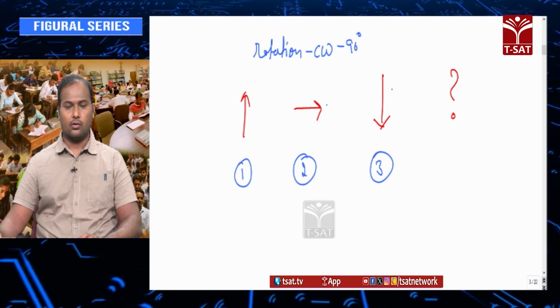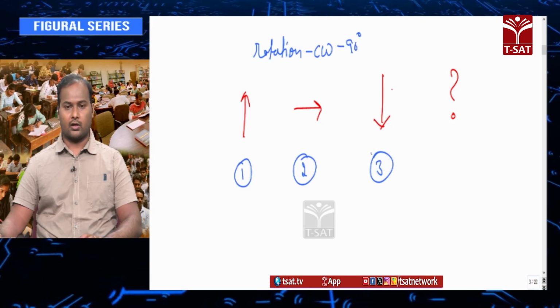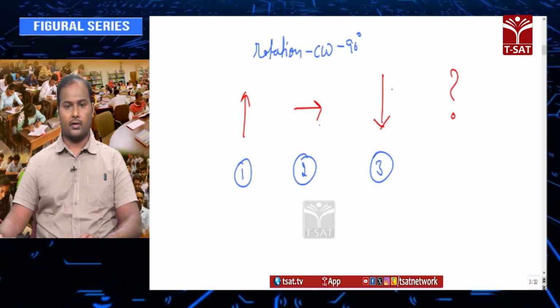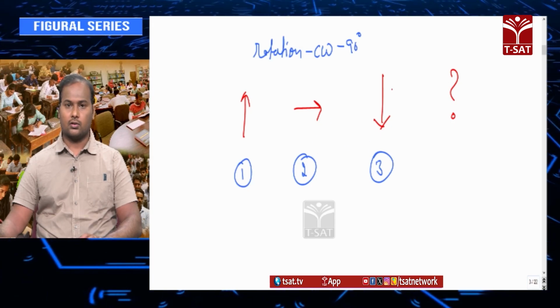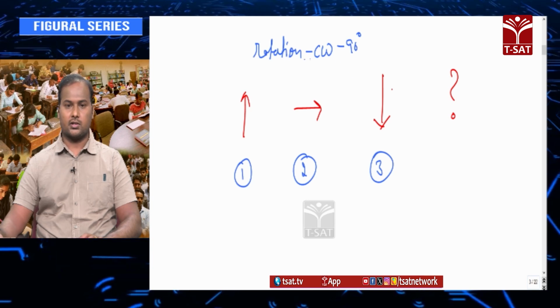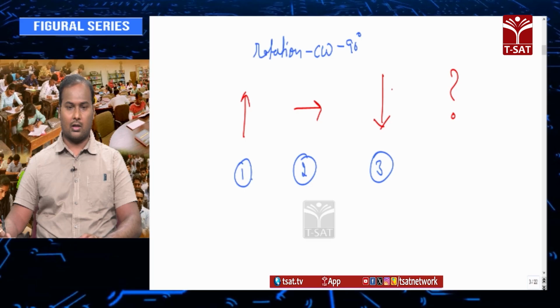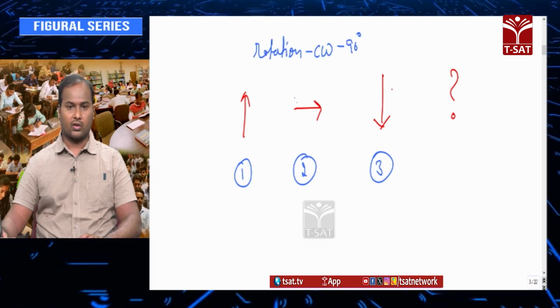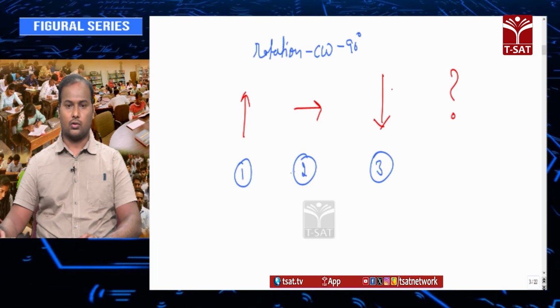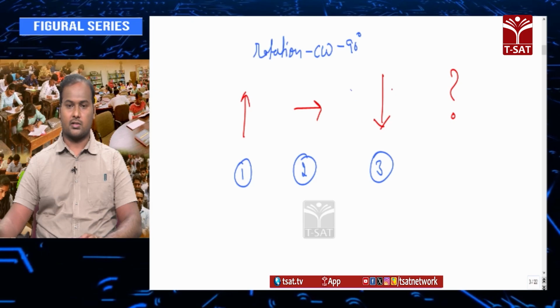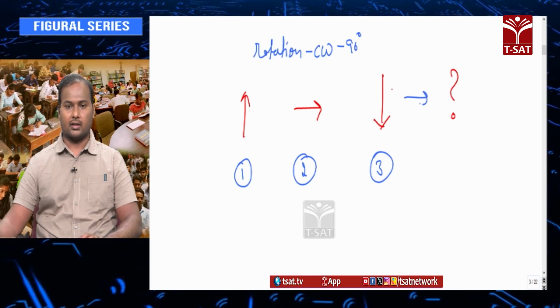In the same way, now you observe the change from figure 2 to figure 3. Here also the change is the same, rotation clockwise 90 degrees. So 1 to 2 is rotation clockwise 90 degrees, and 2 to 3 is rotation clockwise 90 degrees. Now you apply this and get the answer.